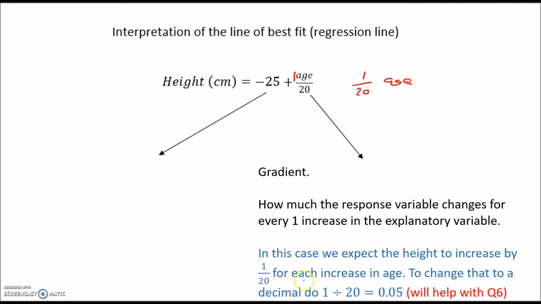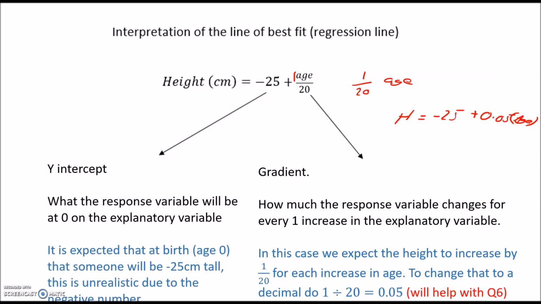If you want that as a decimal, do this 1 over 20 as 1 divided by 20, which is 0.05, and that will be your decimal in here, which then could be written out as height negative 25 plus 0.05 by age. And then again, you could say we expect this person's height to increase by 0.05 meters for every one increase in age, and the y-intercept has not changed.